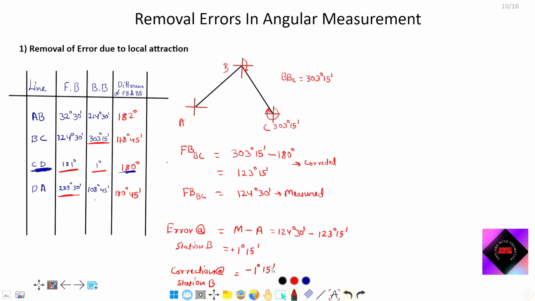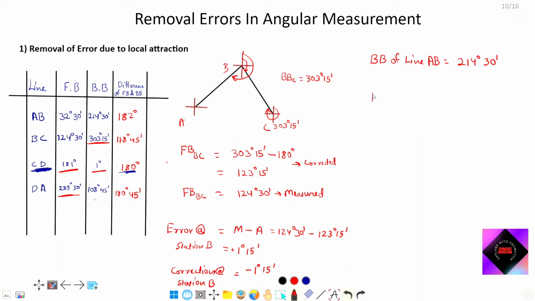We have already calculated one corrected reading from station B, that is the fore bearing of BC. Another reading taken from station B is the back bearing of line AB, that is 214 degree 30 minutes. It is measured from station B. Station B has 1 degree 15 minutes of error, so this reading also has this amount of error.